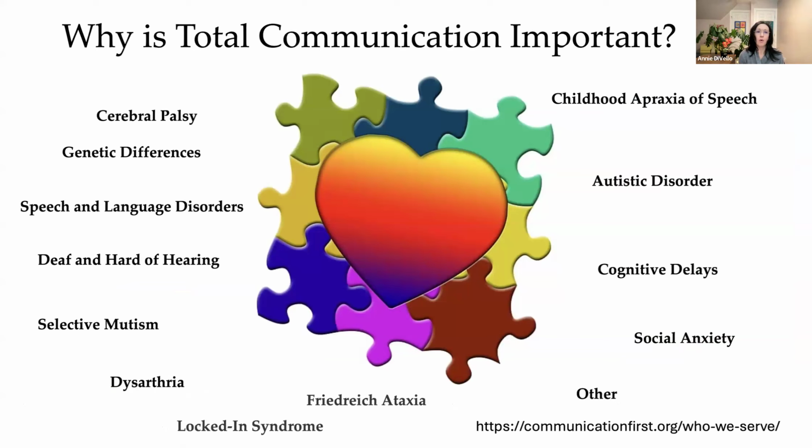They might have both cerebral palsy and also social anxiety. They might have speech and language disorders and also selective mutism. They may have autistic disorder and also cognitive delays. There can be more than one area of struggle, or there can be one. But the point being, there are many different types of students that have communication struggles and that benefit from the use of a total communication approach. So something really important for us to be spending some time reviewing.